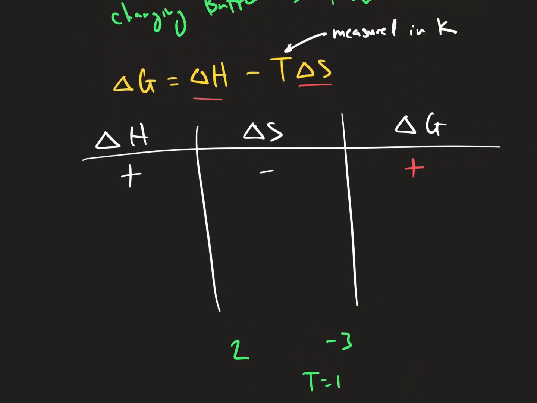If delta H is negative and delta S is positive, so we have a negative number over here, positive number over here, what's a negative number minus a positive number? It's negative. Make sense? But let me show you something. Remember I said delta H and delta G are the same?